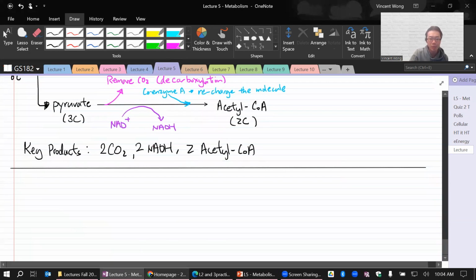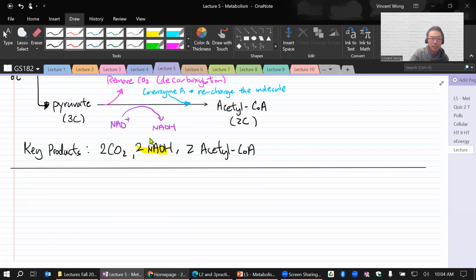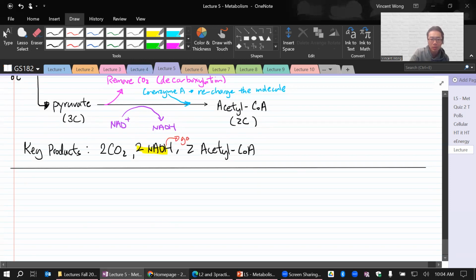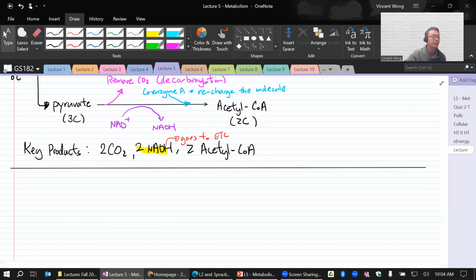Use the proper color coding. It goes to the ETC, the final destination in the cristae of the mitochondria.